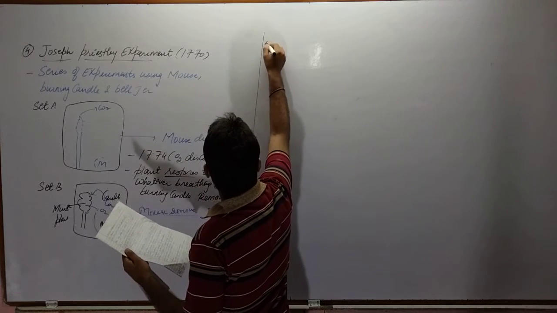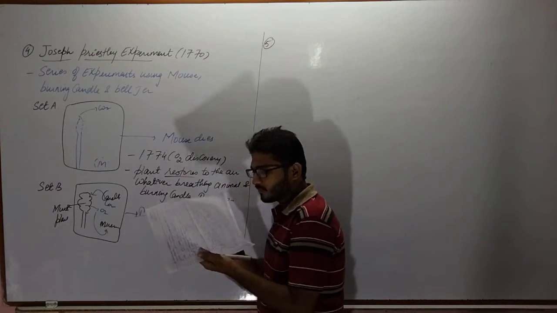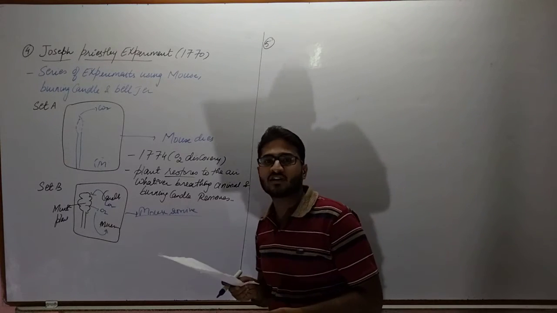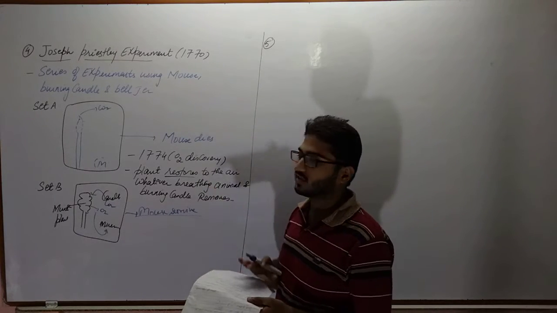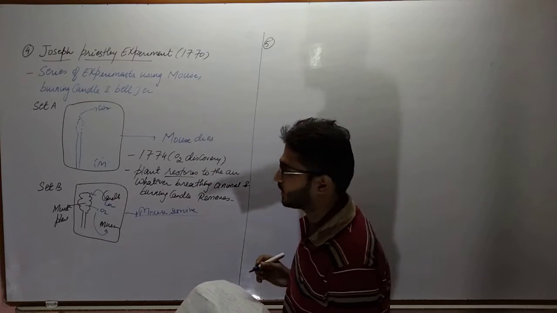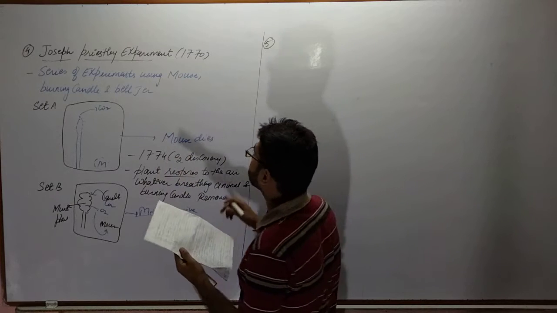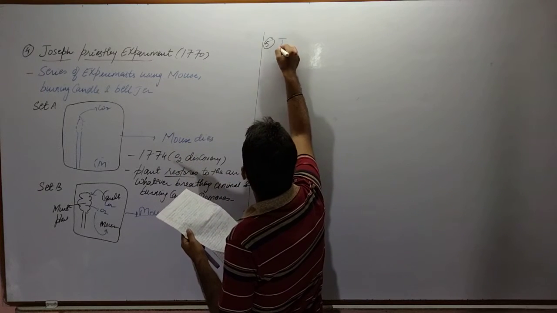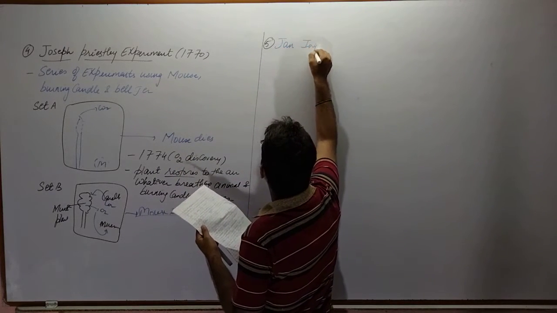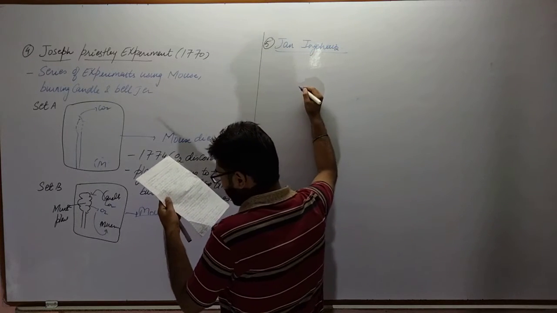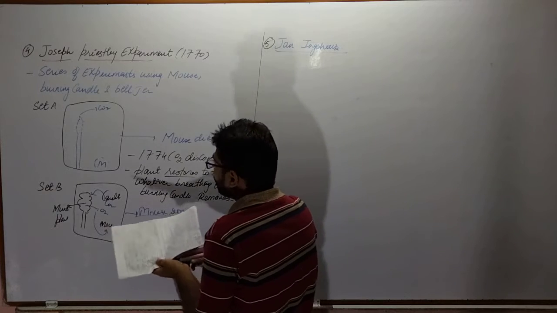Based on the experiment of Joseph Priestley in 1770, again one scientist, Jan Ingenhousz, used the same setup but with slight modification, right? He used aquatic plants and bubbles were produced. So that was the experiment of Jan Ingenhousz.